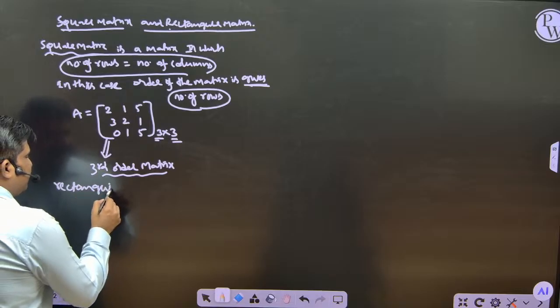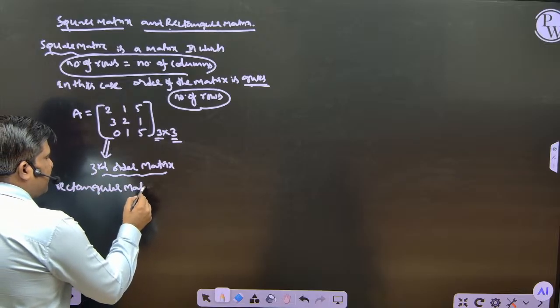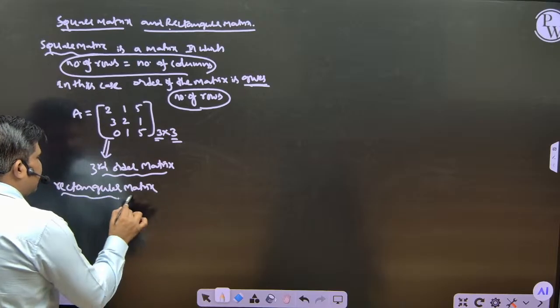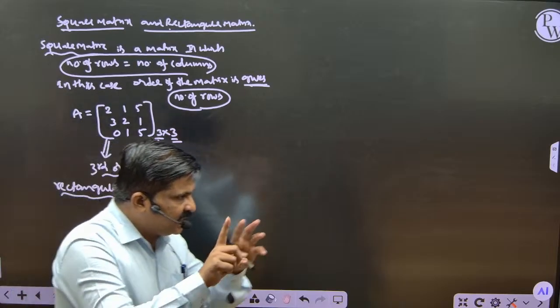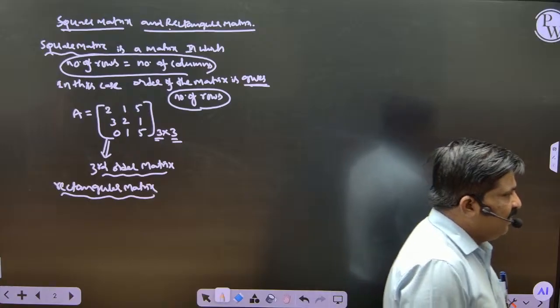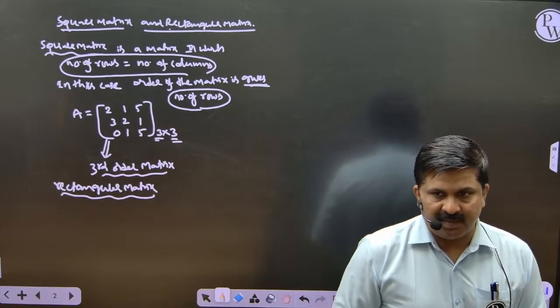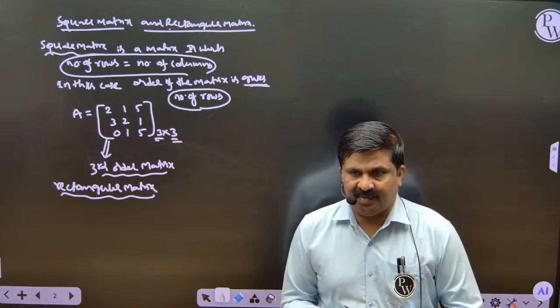Rectangular matrix means the elements in the matrix are in rectangular shape.